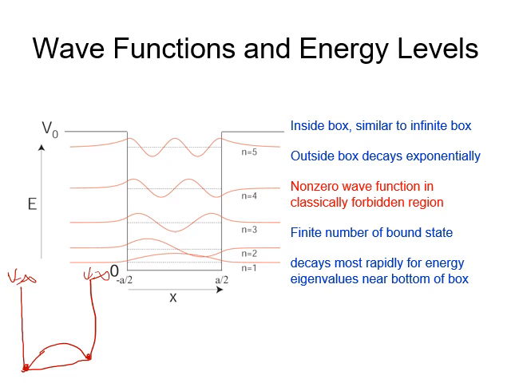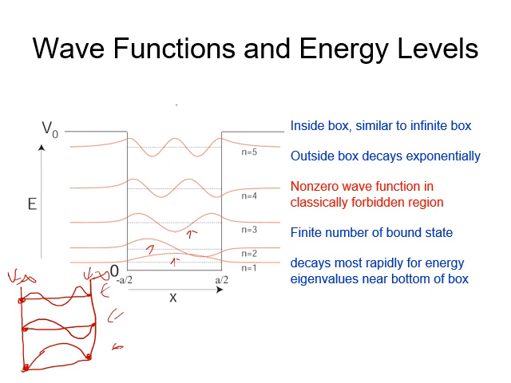At two ends, it goes to 0. And the second one also goes to 0 at two ends. The third one also goes to 0. So you see, the wave function inside looks very similar to the 1D box model when the potential energy is infinite.